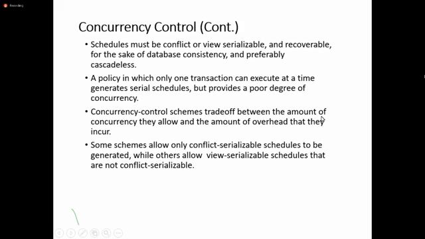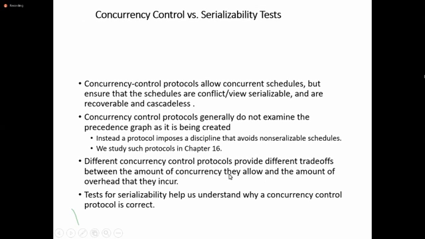Concurrency control schemes trade off between the amount of concurrency they allow and the amount of overhead that they incur. Some schemes allow only conflict serializable schedules to be generated, while others allow view serializable schedules that are not conflict serializable.